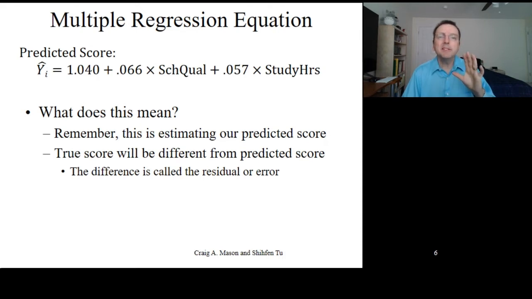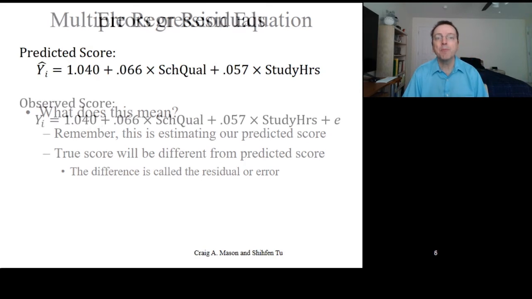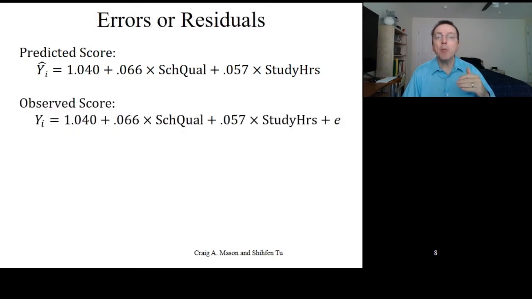We can see the residual if we write a second equation for our true or observed score and compare it to the regression equation. So here we have both the regression equation for our predicted score, y hat, and the actual observed score where we've added the residual or error at the end. Again, that's the difference between what was actually observed, y, and what our model predicted, y hat.